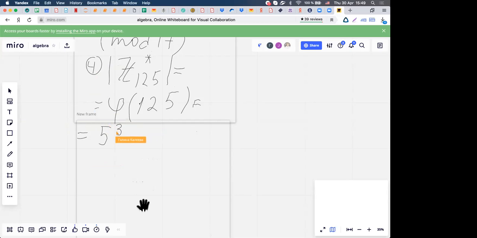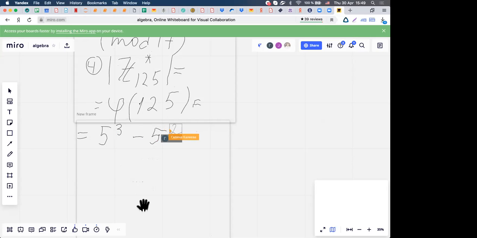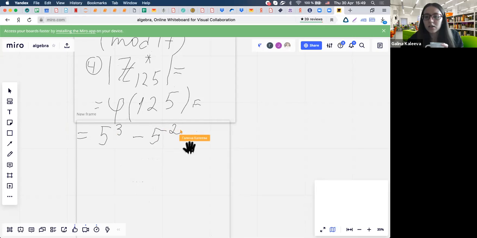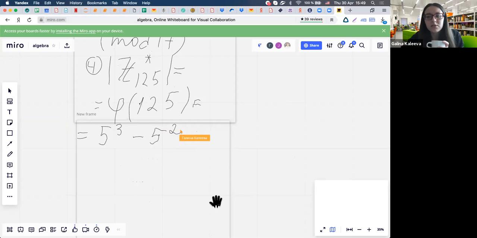For the primes, it's the prime minus 1, but for the powers of primes, is it 5 cubed minus 5 squared? Maybe it's like this. I just know that it's like 5 minus 1 to the power of 3, because we can just decompose it into 3 distinct parts. Could you write it down, please? On the desk? Maybe on the screen, in the chat.